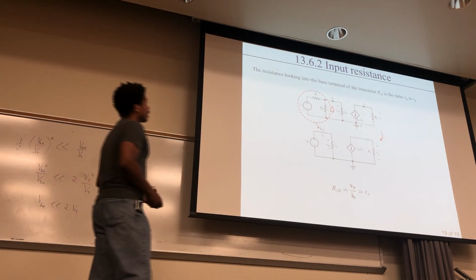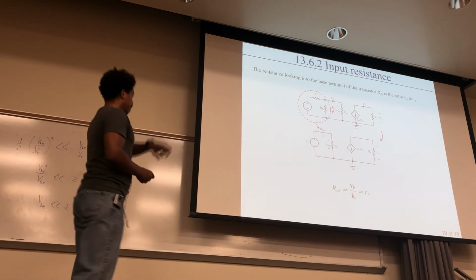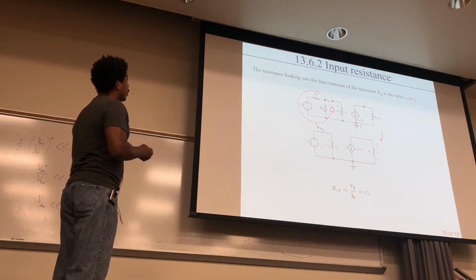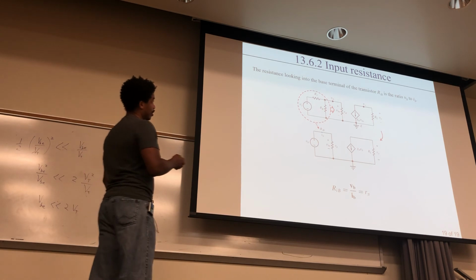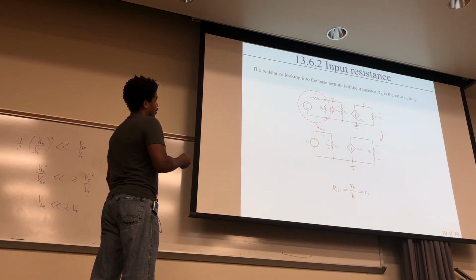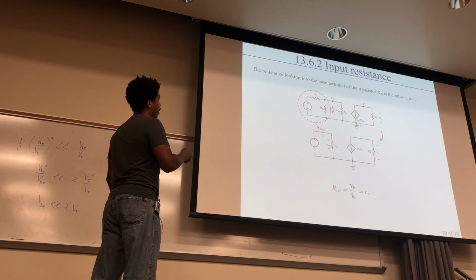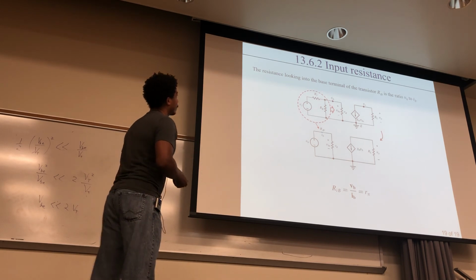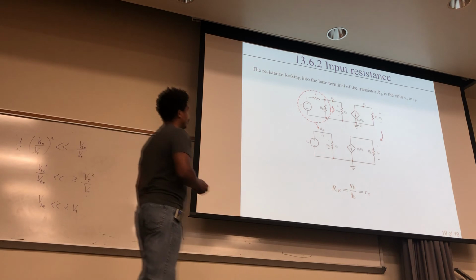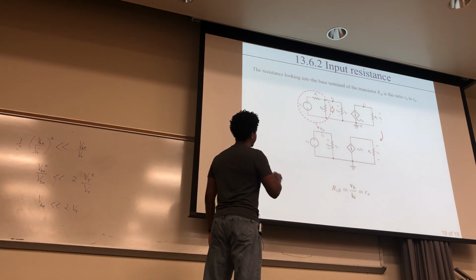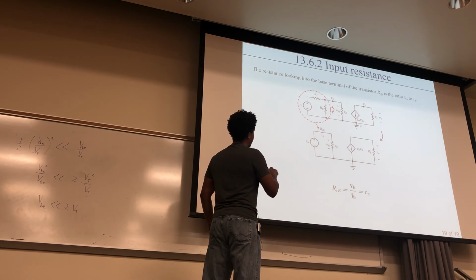Now for the resistance, the input resistance, this part right here, as seen looking in here, it sort of just looks like this resistance, right? If you encompass all this part right here and you're looking in. Okay? So what you can do is say, well, I can replace this right here with just this VB, which is that voltage right there, and some current, the equivalent current that's coming out of here.